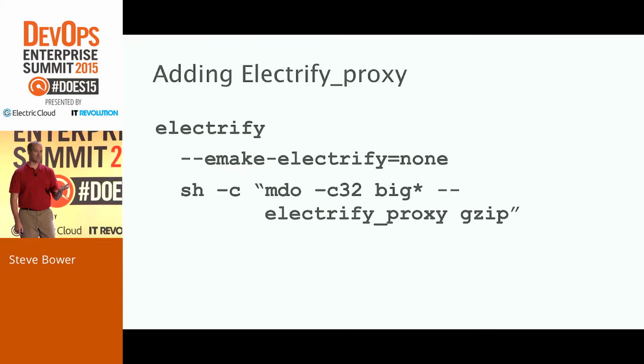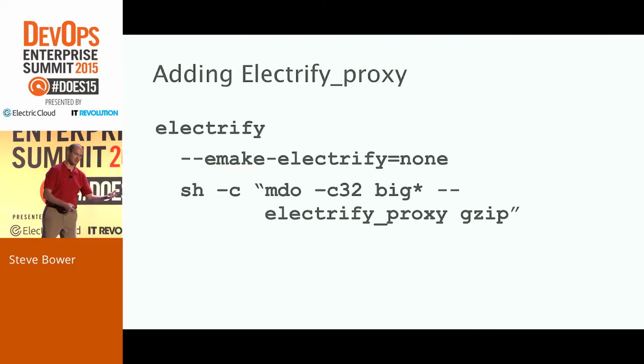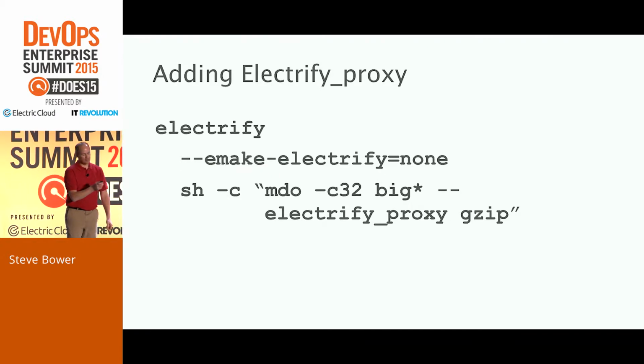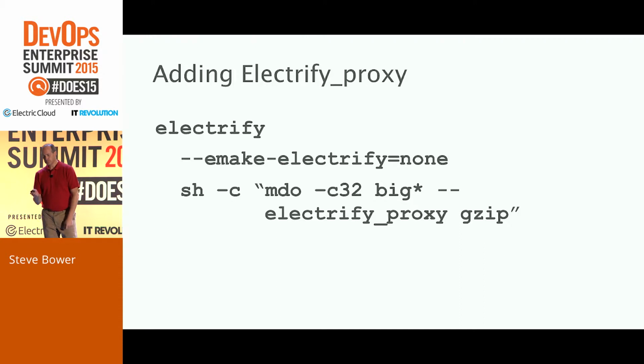We're running 64-bit systems, but some of them are 64-bit tools, some are 32-bit tools, and that can cause this automatic process interception that Electrify does to have some problems. So to be sure about what actually goes out to the farm, you can tell it, only send things to the farm that I explicitly tell you to with this Electrify proxy process.